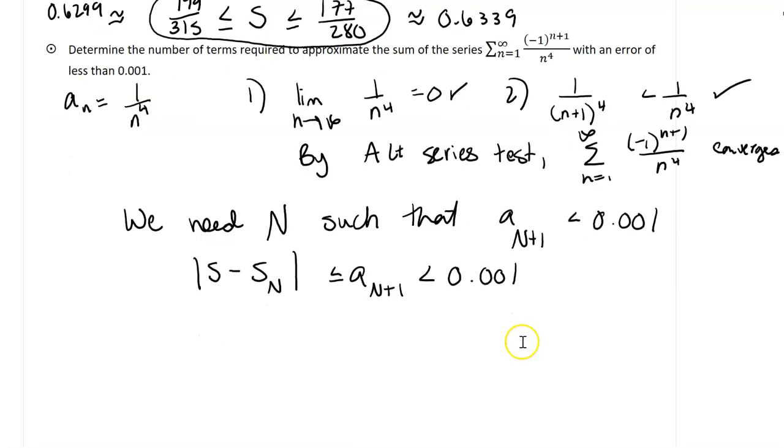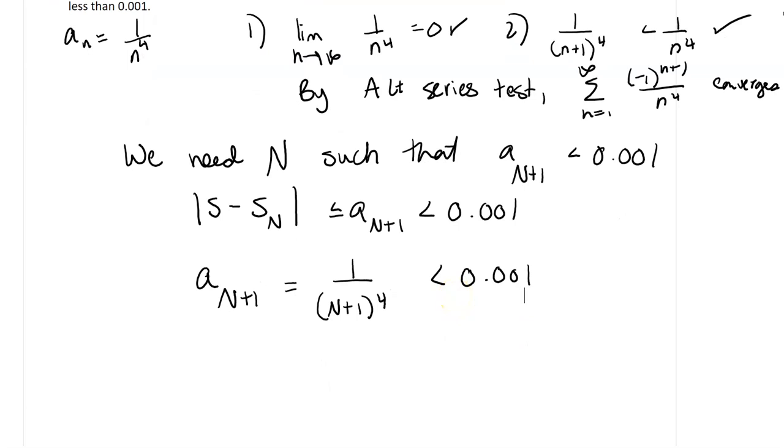So all I'm going to do is plug in n plus 1 where I have this little n here. So a sub capital N plus 1 would be 1 over n plus 1 to the fourth power. And we want that to be less than 0.001.